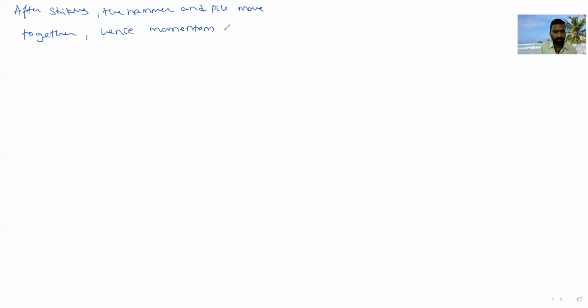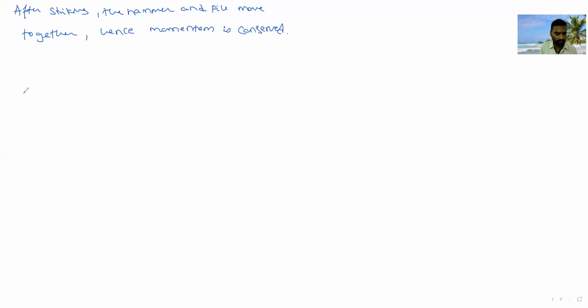After striking, the hammer and pile move together, hence momentum is conserved.